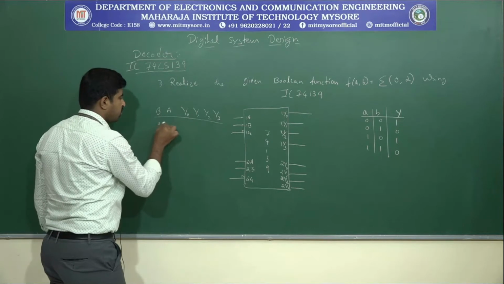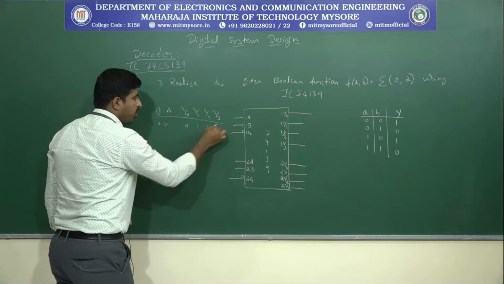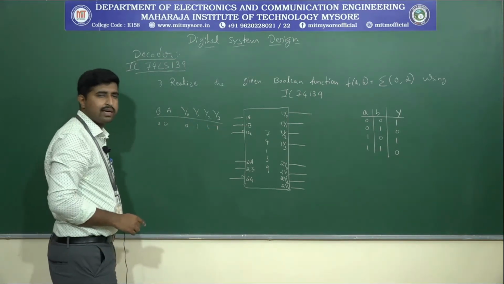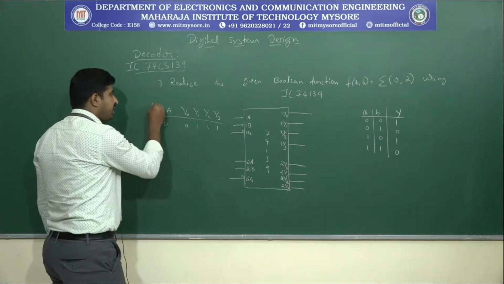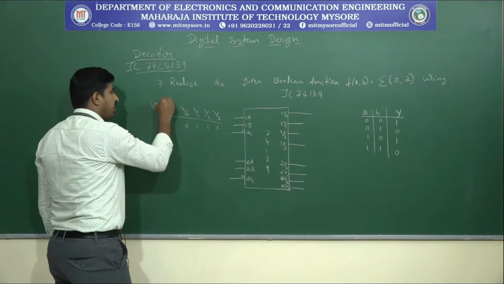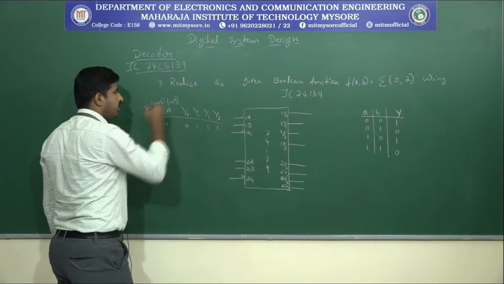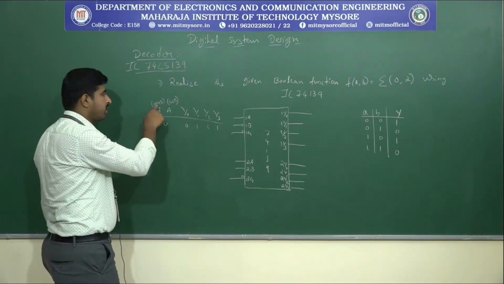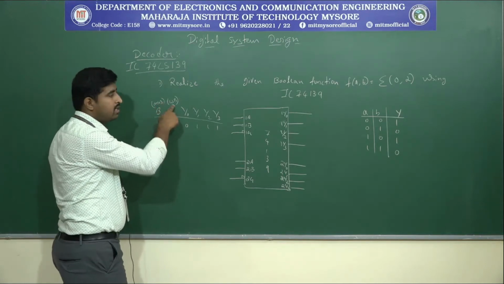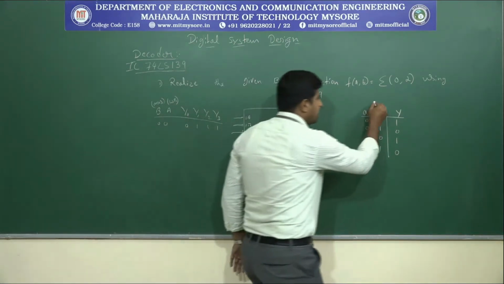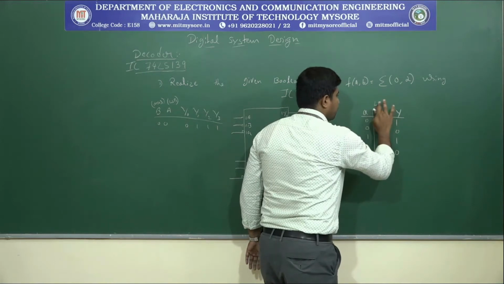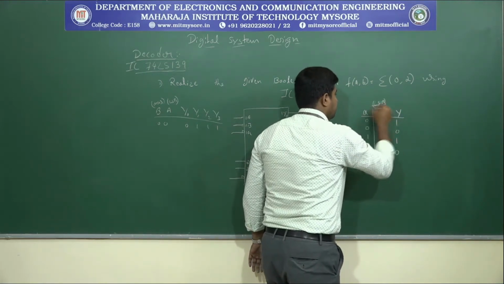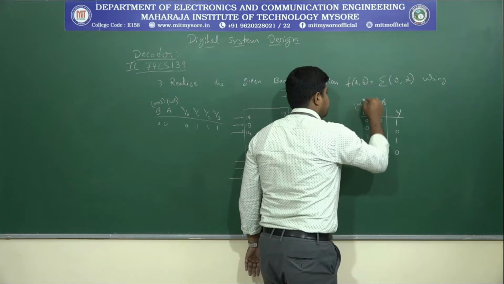When both are 0, 0, only Y0 will be 0, the remaining are 1, 1. Right. Always we write the MSB first and this will be the LSB, keep in mind. So in the truth table, we write the MSB here and the LSB here. Here we have taken this as the LSB and this as the MSB.